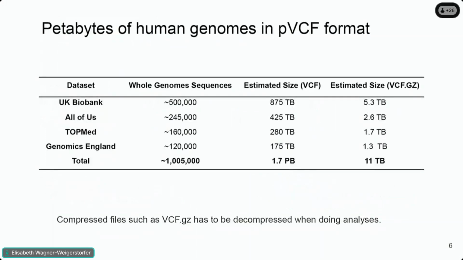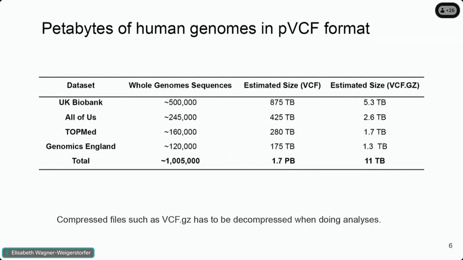This is our rough estimate of how much data we have. There are a few large biobank cohorts available for researchers to use, and collectively there are more than 1 million whole genome sequencing data sets for humans. If we use the VCF format, collectively it would take approximately 1.7 petabytes of space to store it.